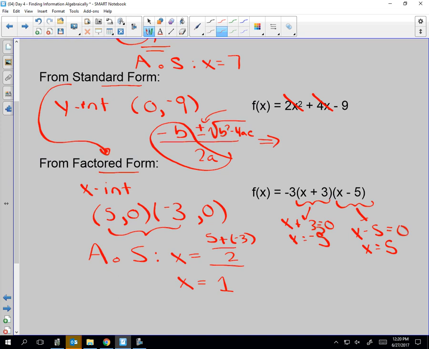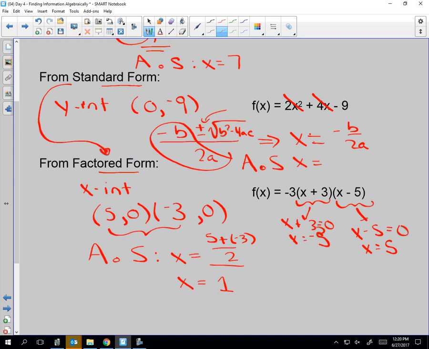So what we can do is use this front part of the value to find our axis of symmetry. And we just use the minus b over 2a. So we have our axis of symmetry in this situation.